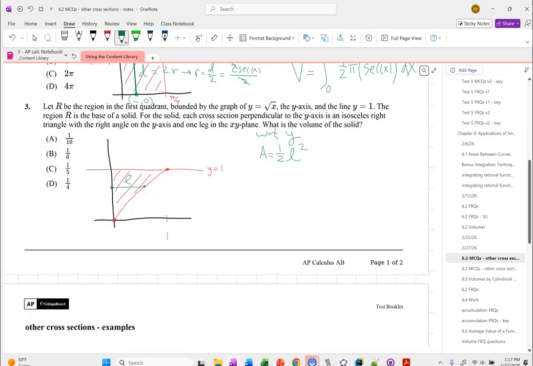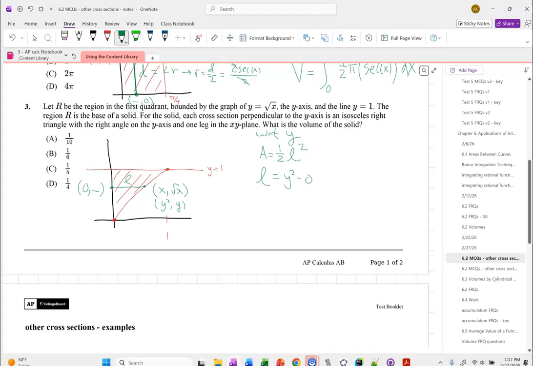Okay, so I need to come up with an equation for L. I need to look at the x coordinates that are changing. Well, it's nice, this x coordinate is 0. This x coordinate we need to rewrite in terms of y. We do have x equals square root x, but we want this as y squared, comma y, right? So our leg length is going to be y squared minus 0.